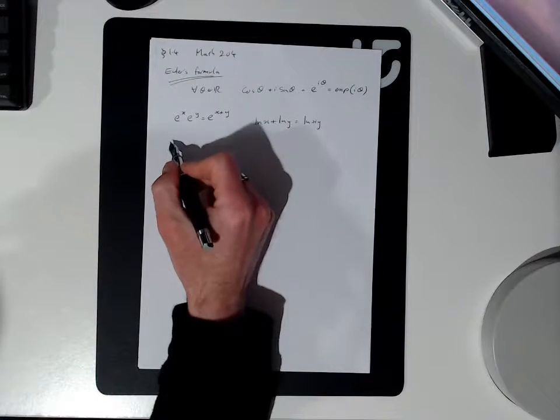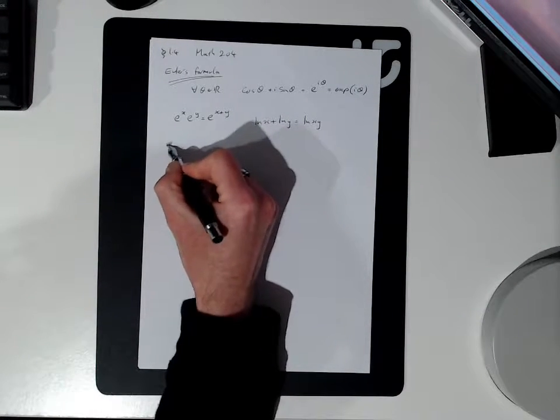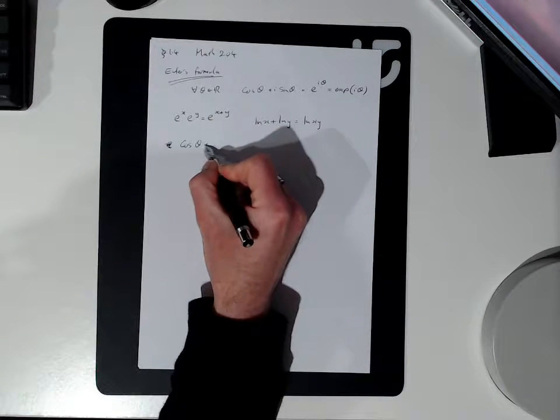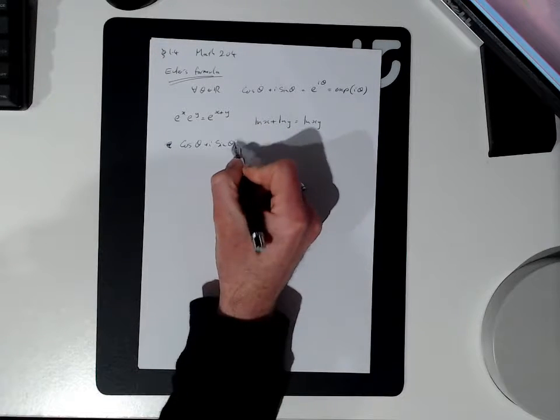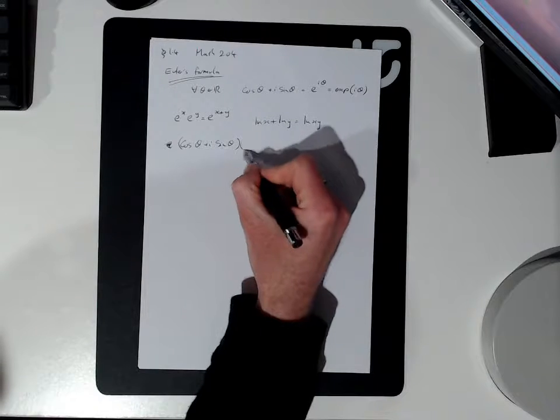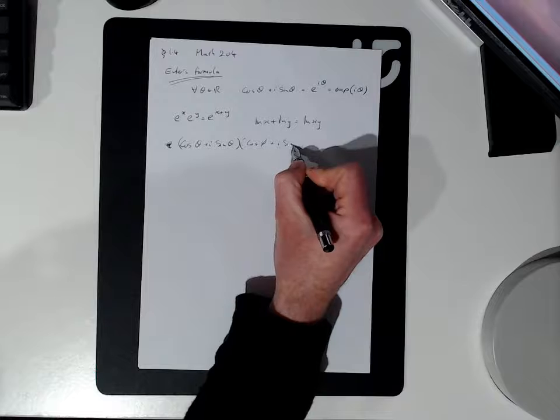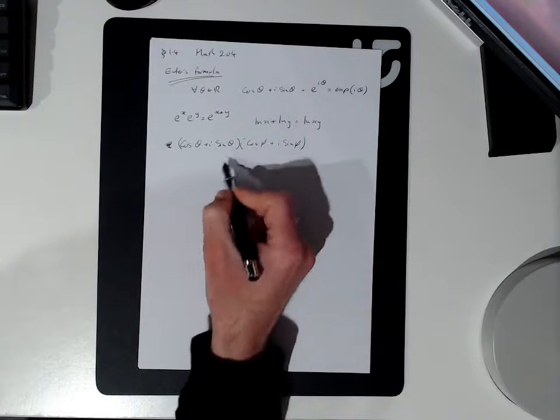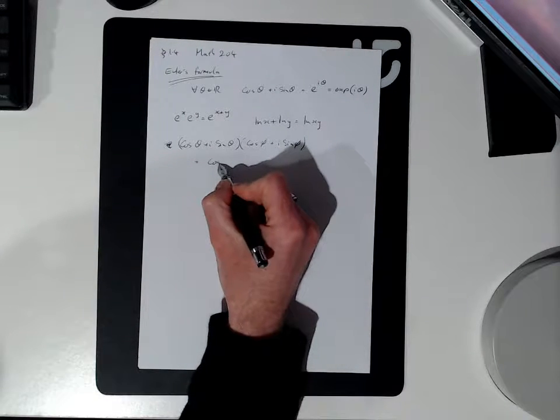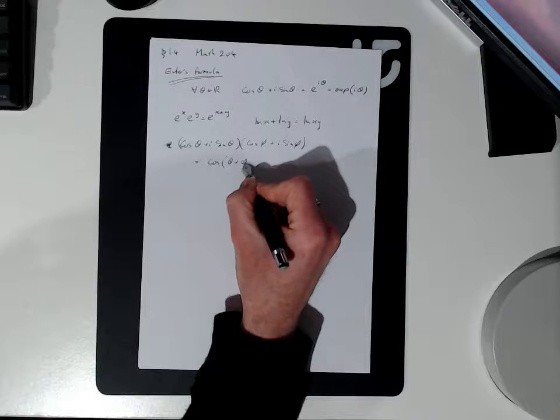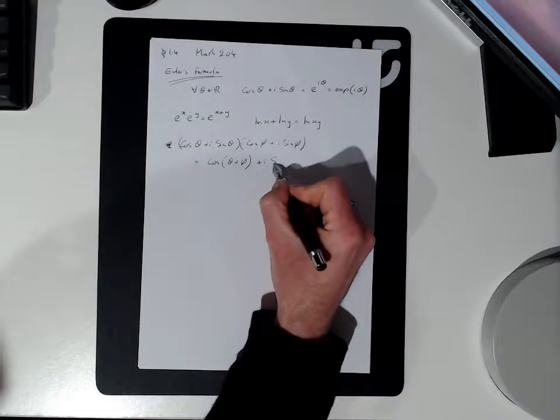Okay, now similarly, we've seen that the product of two complex numbers ends up adding their angles together.